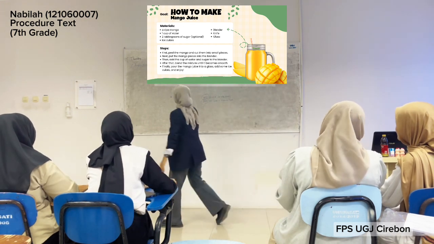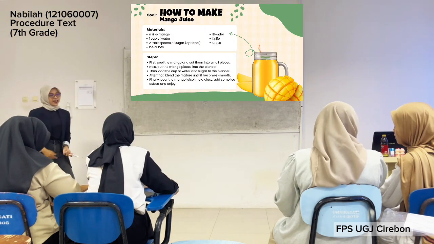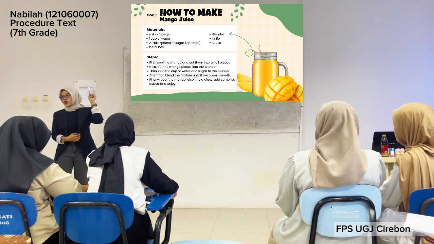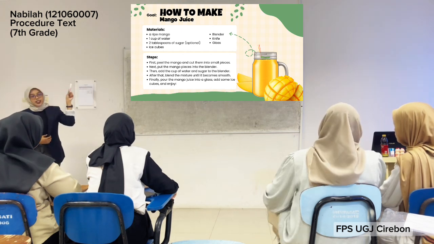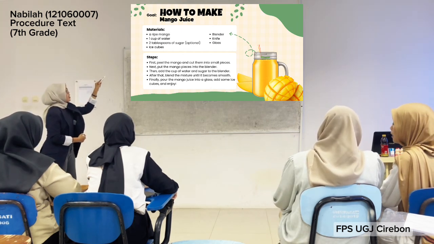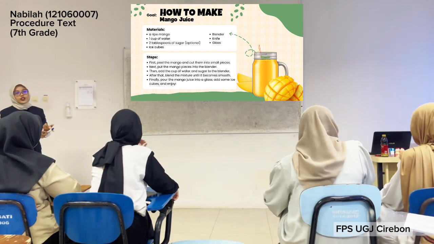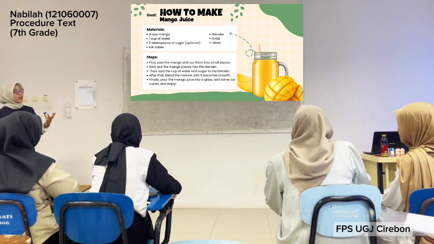Okay, so that is the example of procedure text. So the title, How to Make Mango Juice, is the goal part. And then the materials: its ingredients are a ripe mango, 1 cup of water, 2 tablespoons of sugar, and ice cubes.